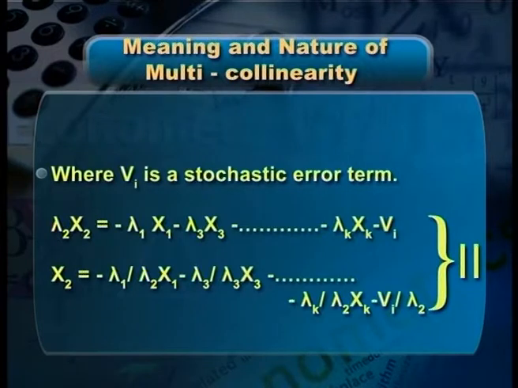Then again by doing some mathematical manipulation, this can be written as x2 is equal to minus lambda 1 divided by lambda 2 x1 minus lambda 3 divided by lambda 2 x3 minus and so on minus lambda k divided by lambda 2 xk minus vi by lambda 2.